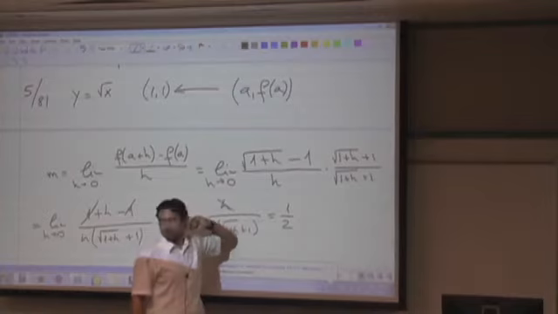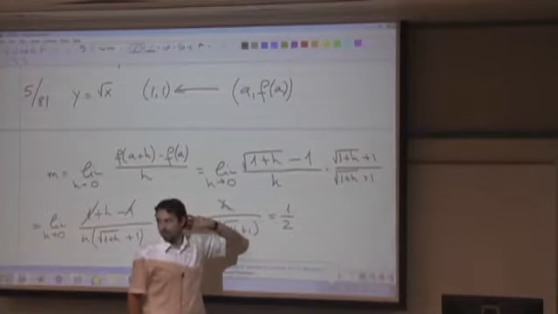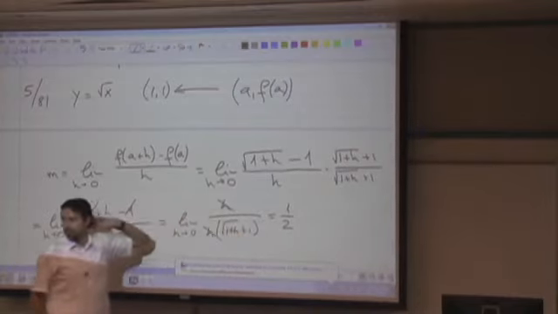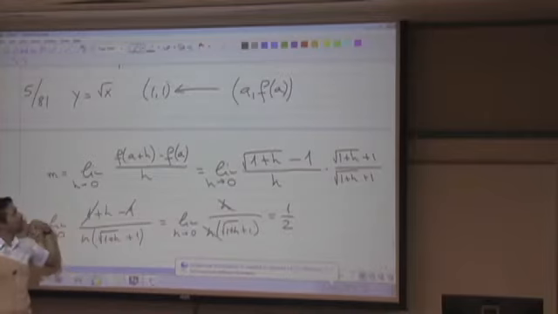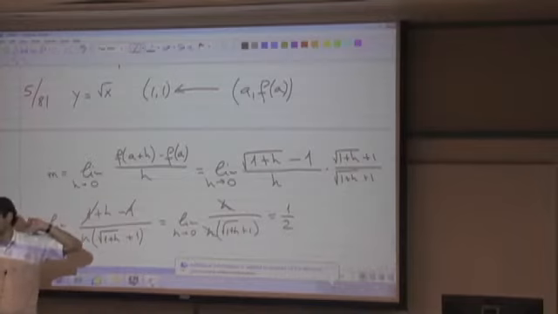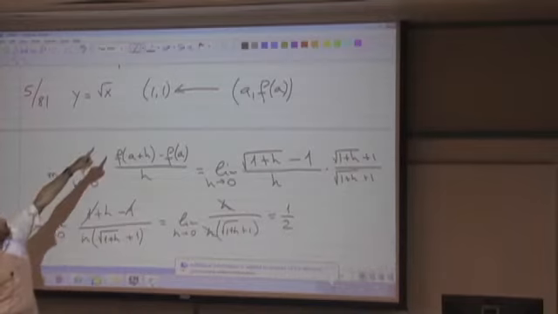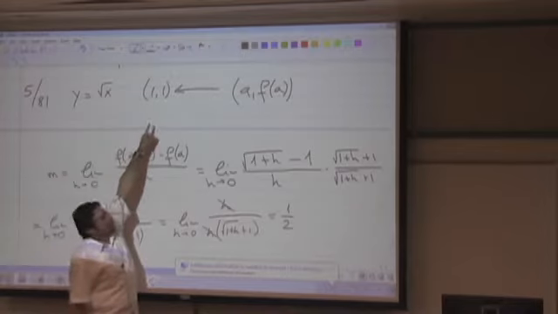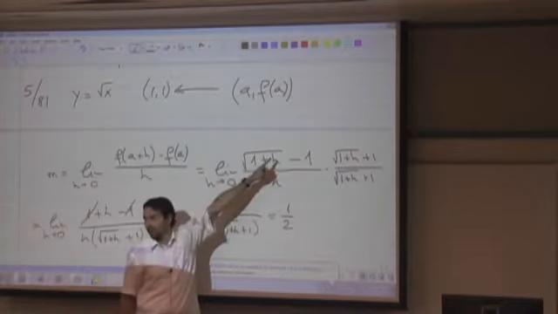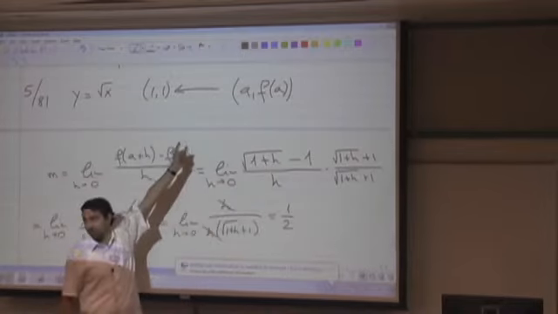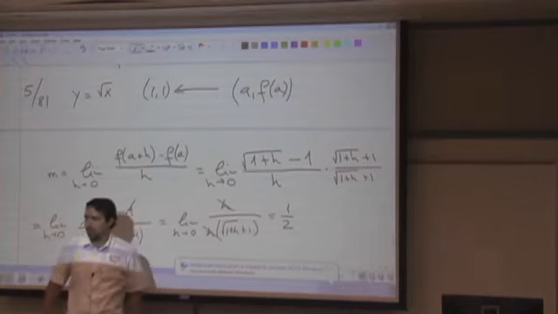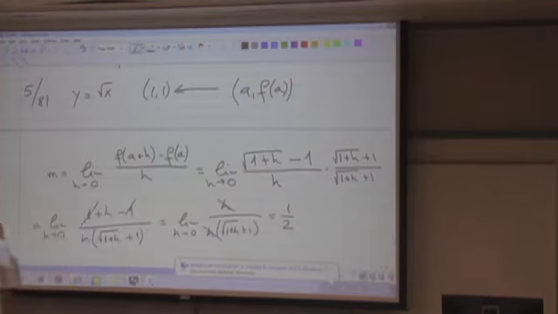Why do you do that for the first one, not the second? Well, I could have written it as square root of 1 if you want. But the key idea is, I know that the second point, the value of the 1 over there, is f of a, so I just pick it up directly from there. So it still is the square root of 1. Oh okay, that's why I was confused. So it's just 1.